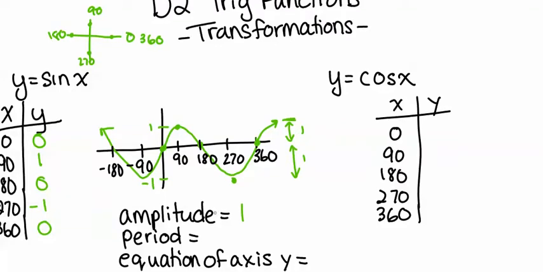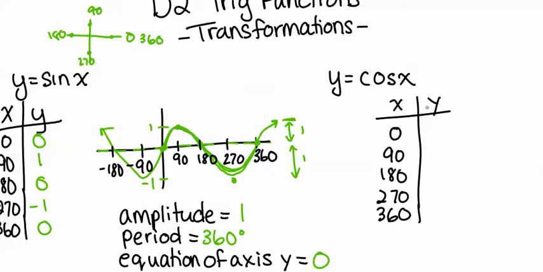The period of this graph we would say is 360 degrees, because it takes exactly 360 degrees to complete one full cycle of the graph. And we have something called the equation of axis, which is the line that goes right through the middle of your graph. And that's happening right at y equals 0. So those are the key features of our sine curve.